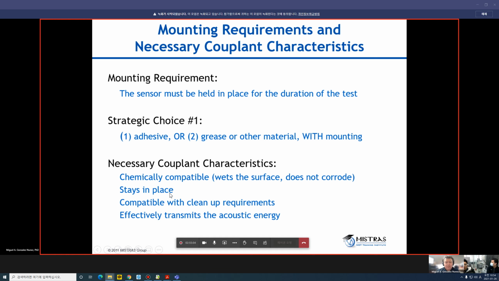They stay in place, meaning that they don't drip or evaporate. They are compatible with cleanup requirements, and they effectively transmit the acoustic energy. So basically, the use of the couplant is to eliminate the air interface between the wear plate of the sensor and the surface of the test piece.